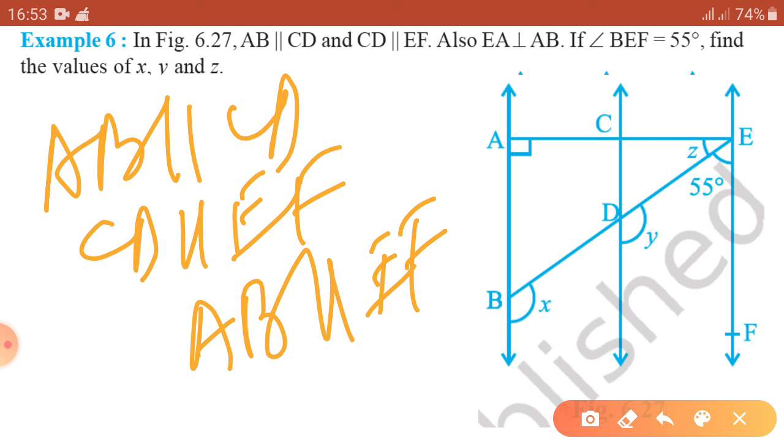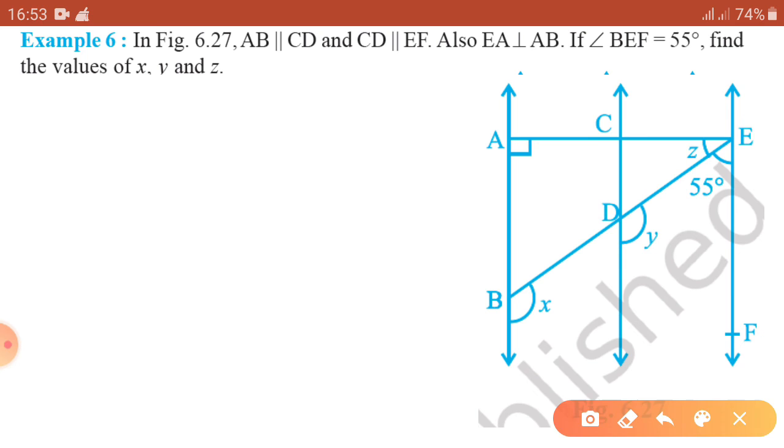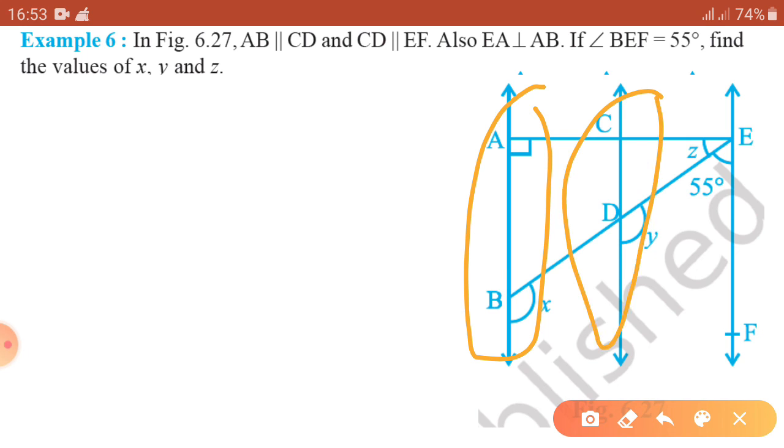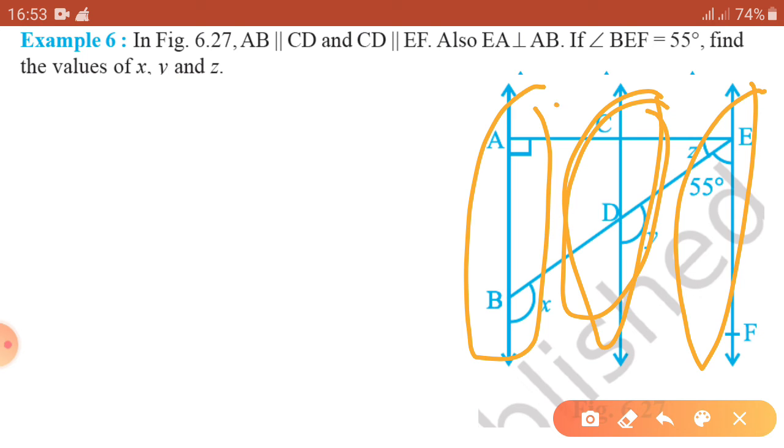That means this AB line is parallel to CD line, and CD line parallel to EF line. So you can write that AB line is parallel to EF line.